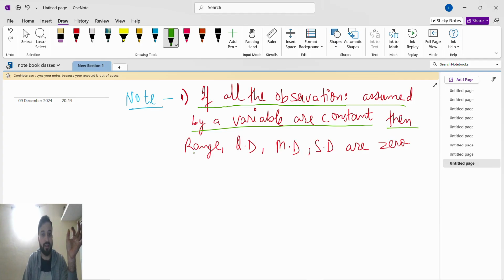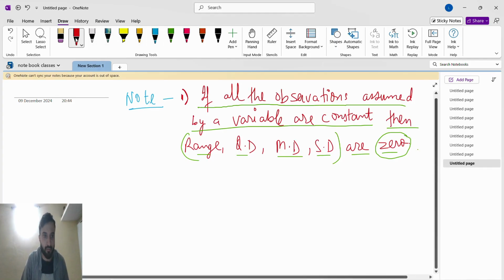Then either they can ask then range is 0, or they can ask then quartile deviation is 0. Or they will ask if all the observations assumed by a variable are constant, then mean deviation is 0. Same thing, if they ask then standard deviation is 0. Whatever they ask, range, quartile deviation, mean deviation, standard deviation, anything, it will remain 0. Okay, yes sir. Now we'll go for note number 2.